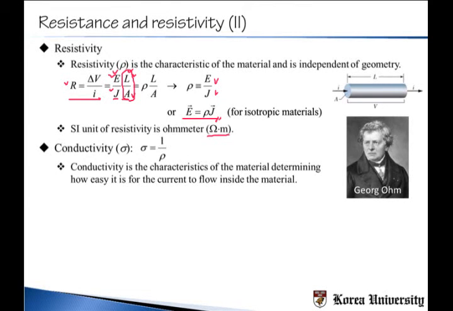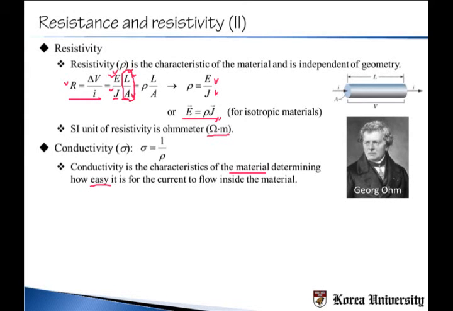And then let me introduce another quantity, which is called the conductivity. To make a long story short, conductivity is simply the inverse of resistivity. So if resistivity is large, the conductivity will be small. If the conductivity is large, then resistivity will be small. Basically, conductivity is again a characteristic of the material, determining how easy it is for the current to flow inside the material.